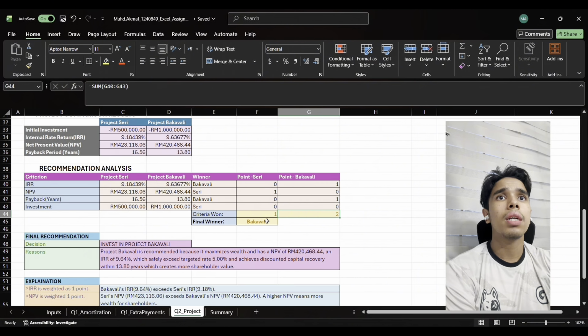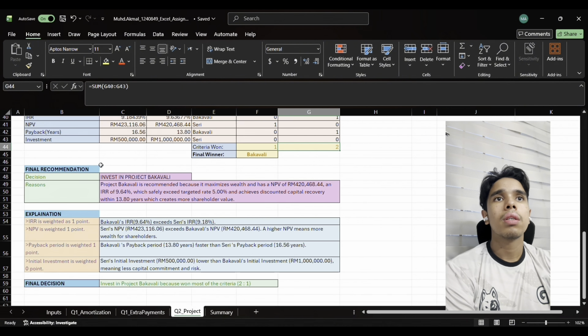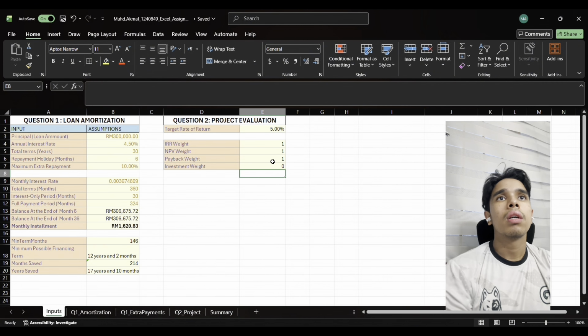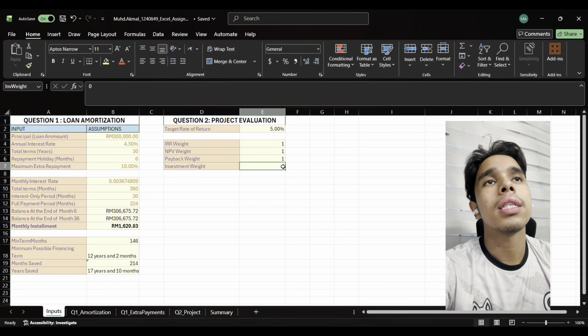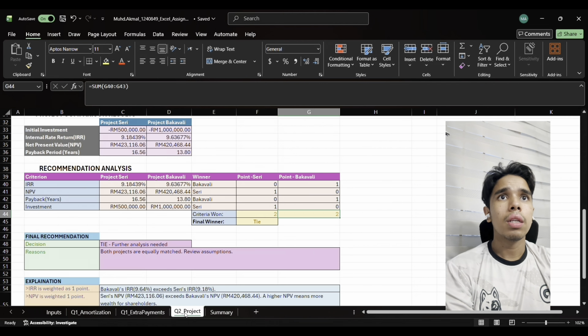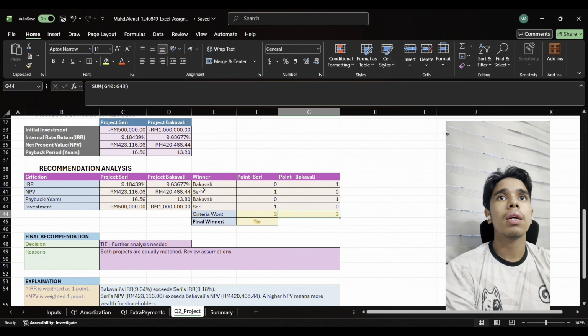So we know the final winner is Bakawali because it has one more point. Let's just ignore the importance of NPV. But what if all the criteria are calculated? Then it will be a tie, because Bakawali is the winner for IRR and payback, and Seri is the winner for NPV and initial investment.